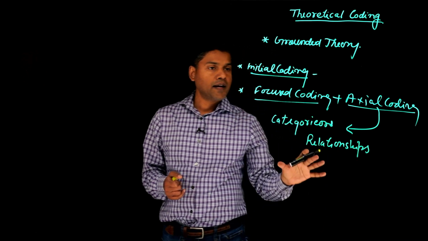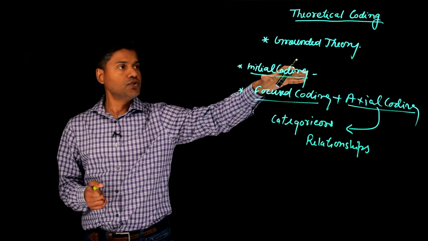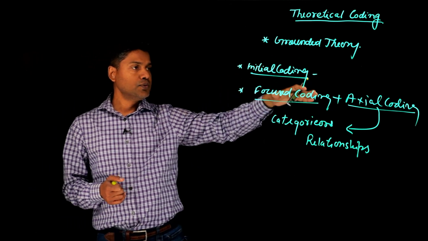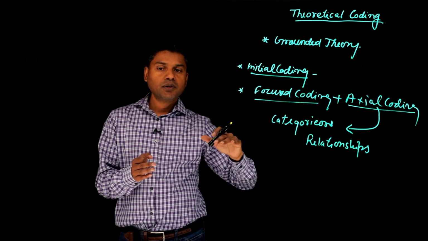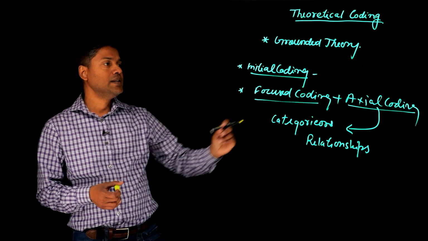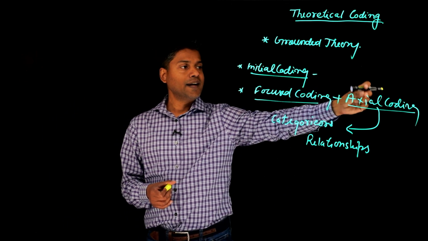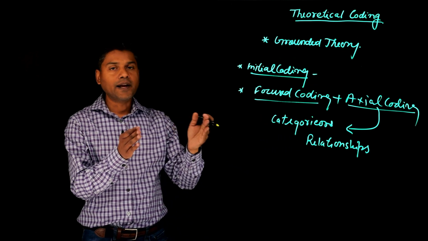So now in this second cycle of coding, you started with the initial coding, and then you moved to focused coding, where you try to merge the codes into broader categories. And then you did axial coding, because axial coding helps you to understand the relationship between different categories.